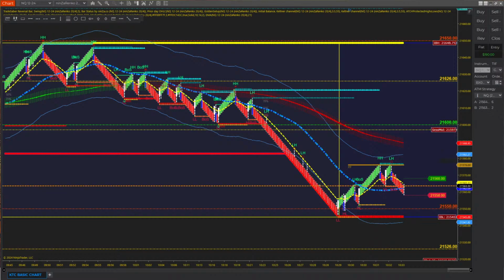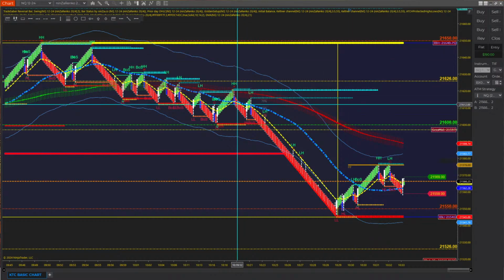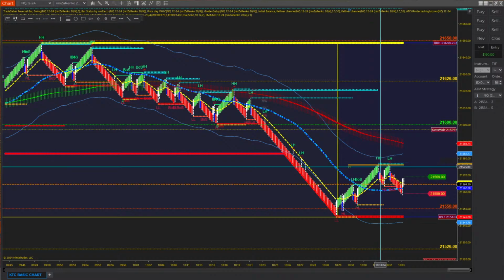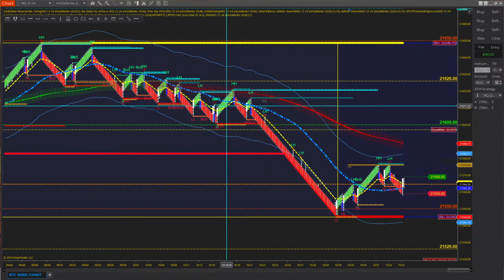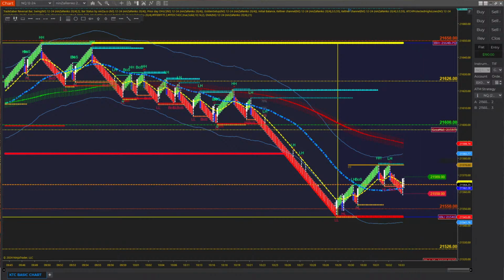so we broke that. Now you see that red circle, because the triangle is way up here. So we're getting lower highs. Even though this says HH, it's not really a higher high. That's still a lower high. So what you want to see here is a reversal candle to the downside.